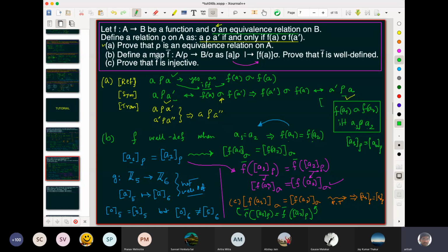And if these two are related, the class that f A1 belongs to with respect to sigma is also equal to the class f A2 belongs to with respect to sigma. Doesn't it imply this one then? Okay. Yes or no?